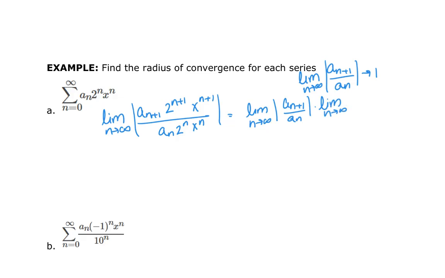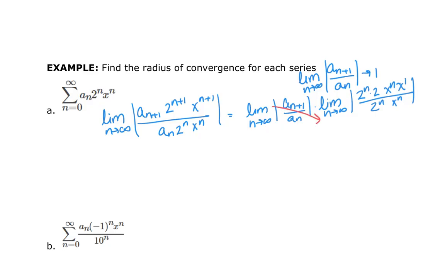Now these are limit laws that allow me to do this. And I can see that 2 to the n plus 1 will be positive, and 2 to the n will be positive. I don't know anything about x, so I probably should keep those in absolute values at least initially. So I'm going to write this as 2 to the n times 2, x to the n times x to the 1, over 2 to the n, x to the n.